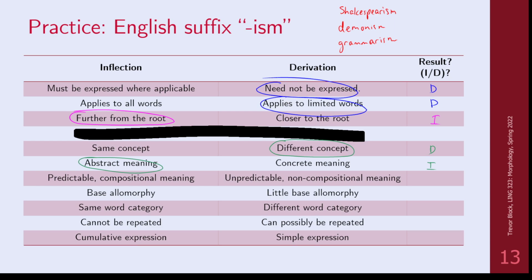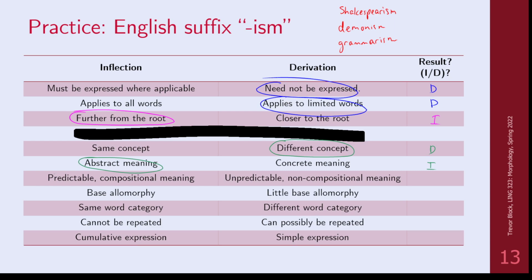Is it predictable? Shakespeareism, grammarism, demonism. Not really. When you think of demonism, this is like a concept, while a grammarism is like something that is said. It's something much more specific, while Shakespeareism might be very similar to demonism. It might be like a way of thinking.